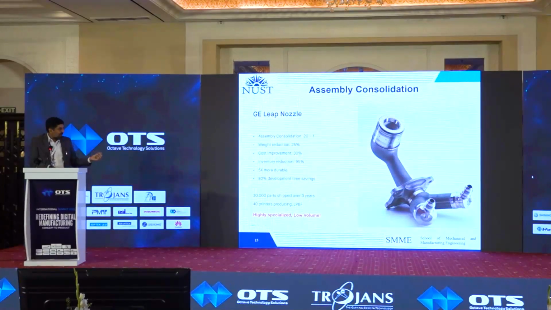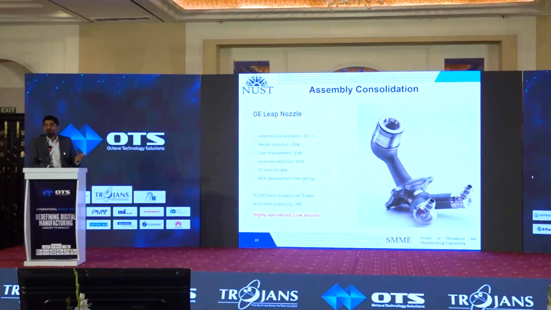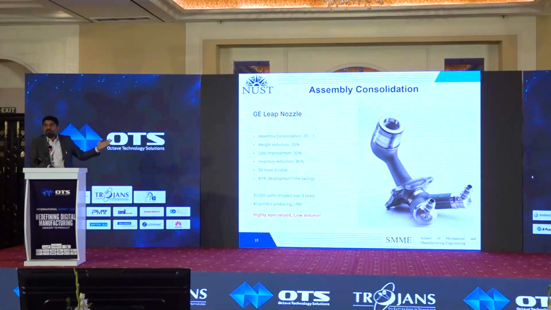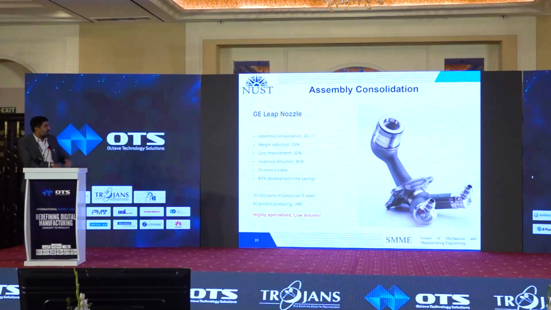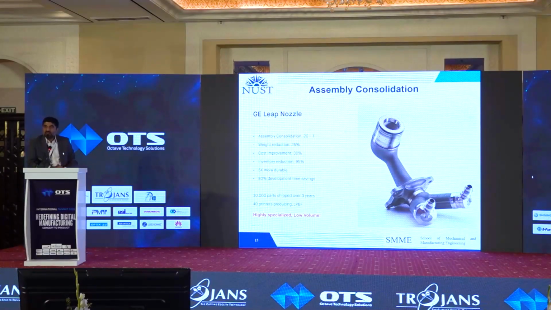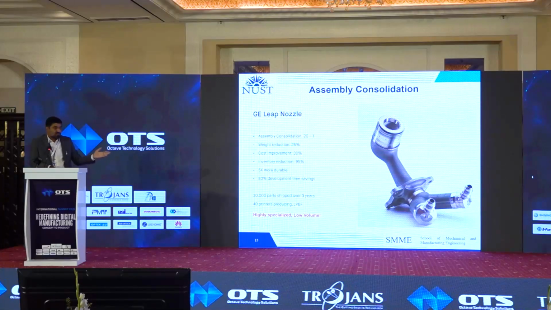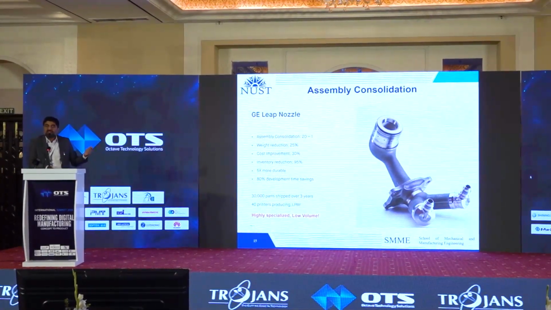With additive manufacturing, you can make it in one part, so the part count has been reduced from 20 to 1. Similarly, weight is reduced by 25% and inventory by 95%. So the GE nozzle is considered the milestone of additive manufacturing.